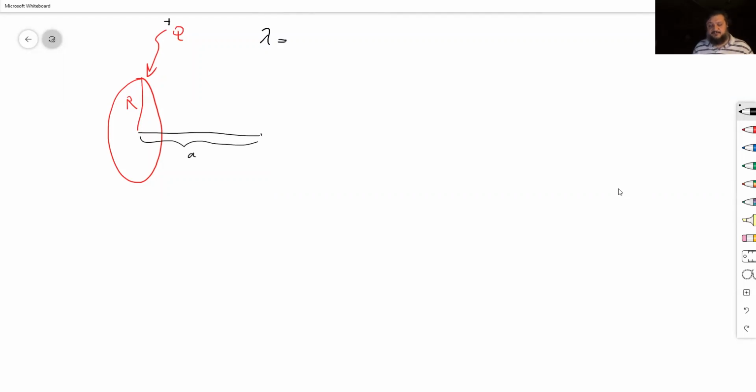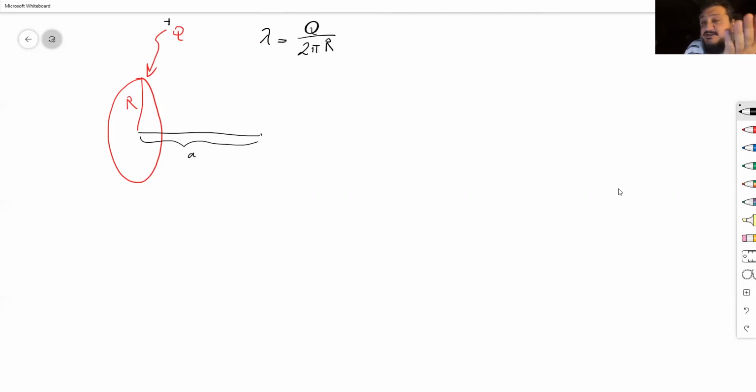A linear density doesn't have to be a straight line, because you can take a straight line and bend it and make a hoop out of it, right? So the total charge Q would be distributed along the circumference, which is 2 pi r. That could be your linear charge density.